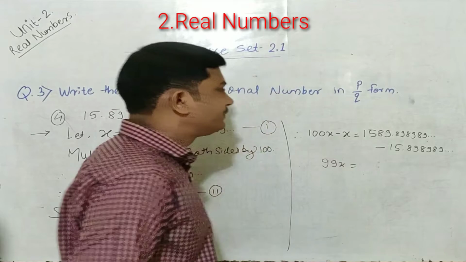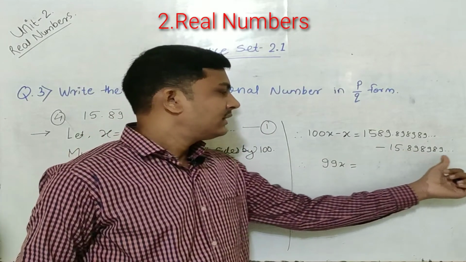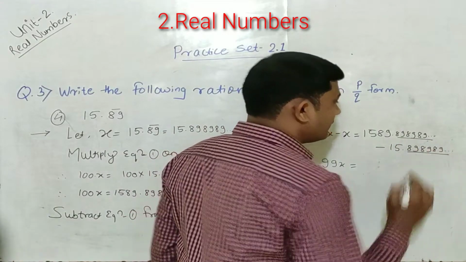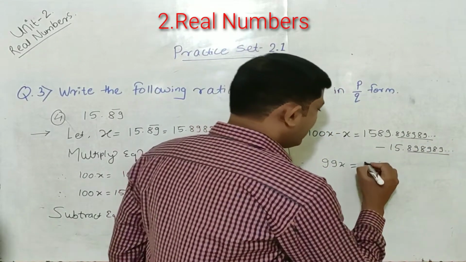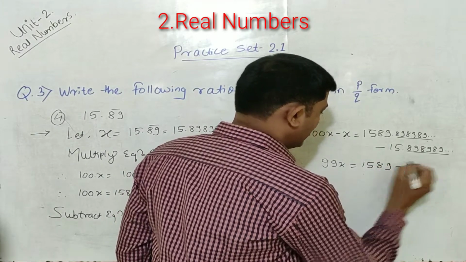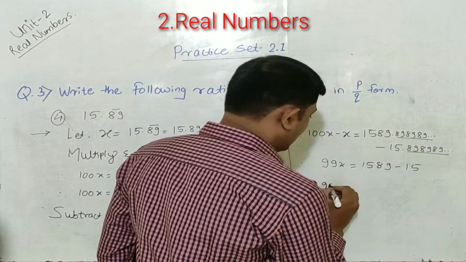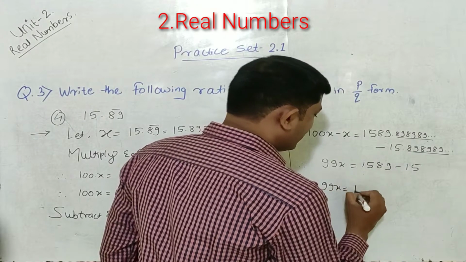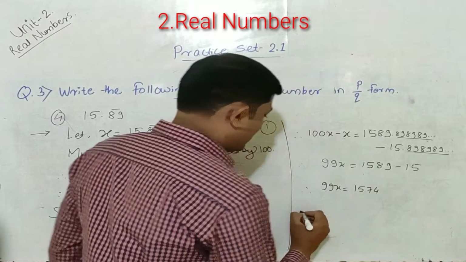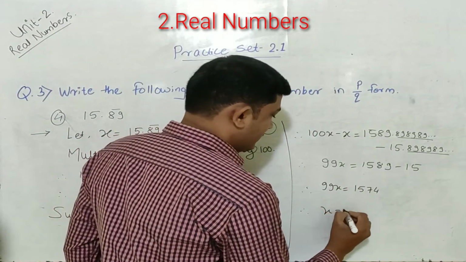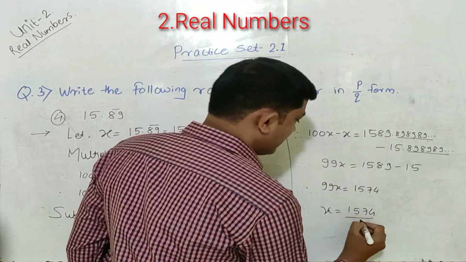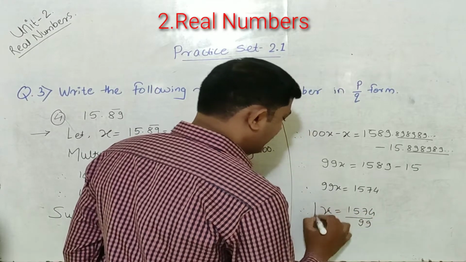After the decimal point, the same digits are repeated in both cases, so it becomes 0, and the subtraction will be only 1589 minus 15. Therefore 99x is equal to 1574. Therefore the value of x will be 1574 upon 99.